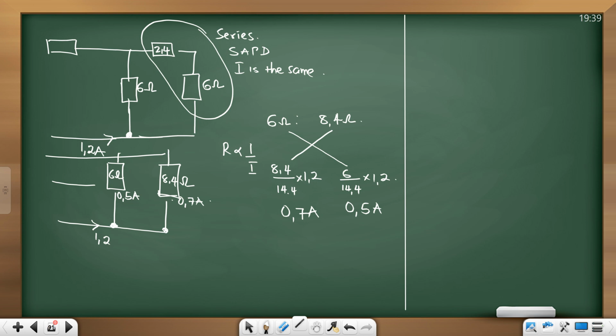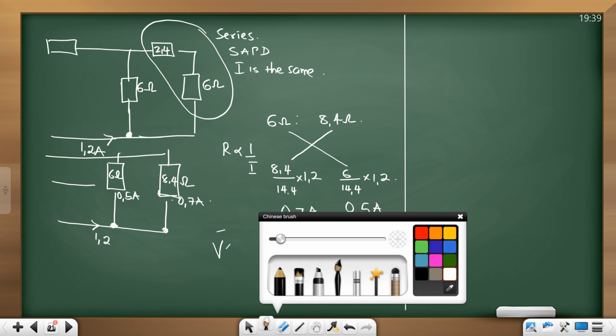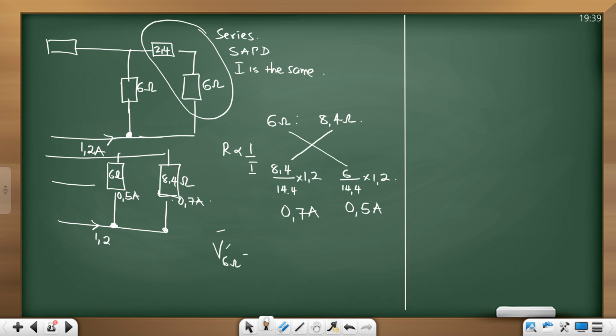So I know that I'm looking for the V in the 6 ohms, right? So what would the V in the 6 ohm be? Current in the 6 ohms and R of the what? 6. What's the current in the 6 ohms? Because these guys are connected in what? Series. Does that make sense? So the same current would flow.